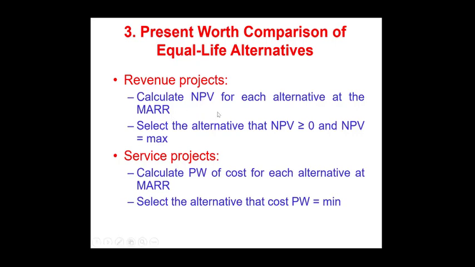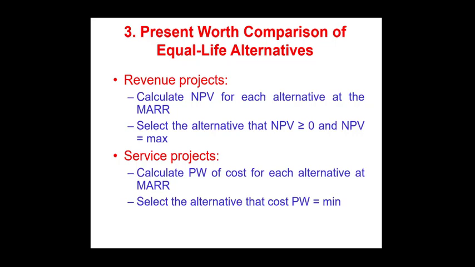For revenue projects, that means when we compare alternatives with revenue projects, first we have to calculate the net present value for each alternative at the minimum accepted rate of return, and then we select the alternative that has a net present value larger than or equal to 0, and the net present value is the maximum value.